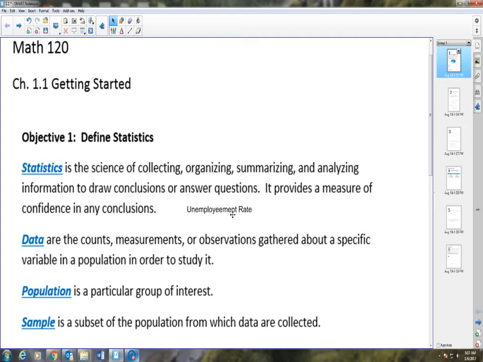Well, when people on the news tell us those kinds of things, you need to actually be aware of how they get that numerical value and how accurate it is. We can't just trust everything that people tell us. There's got to be something they've done that will provide a measure of confidence.